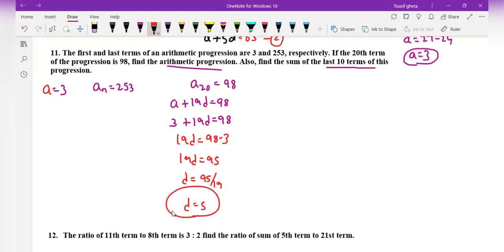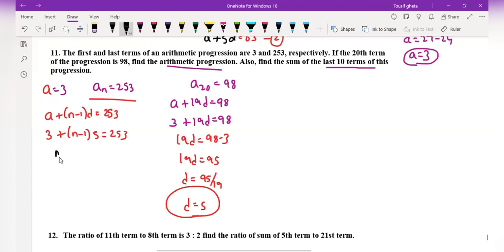So moving further, let us see what we have to find out. Find the sum of the last 10 terms. So we need to find out totally how many terms there are. They gave me an value. an value is a plus n minus 1 d is equal to 253. This is the last term value. So a value 3, n we don't know, d value is 5, is equal to 253. Transpose 3, n minus 1 of 5 write as it is.